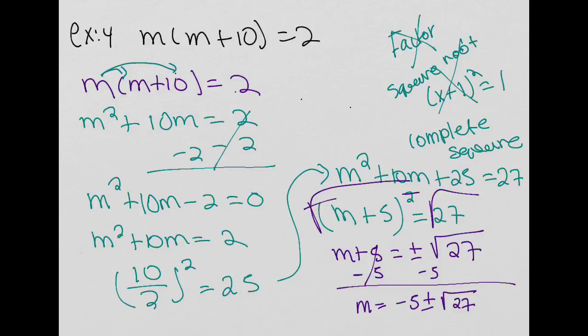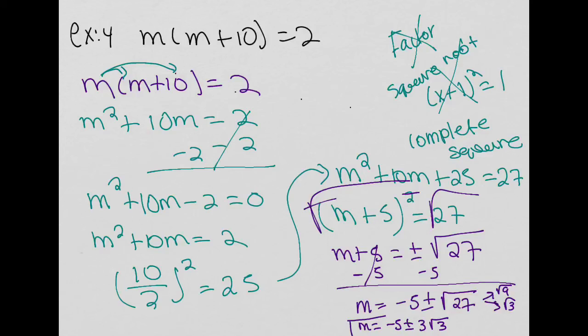Because the question doesn't specify whether it wants it as a decimal or to round or any of that, just saying that m equals negative 5 plus or minus square root of 27 is fine. You are able to simplify 27 because you have square root of 9 and square root of 3. So you can rewrite it as m equals negative 5 plus or minus 3 square root of 3.